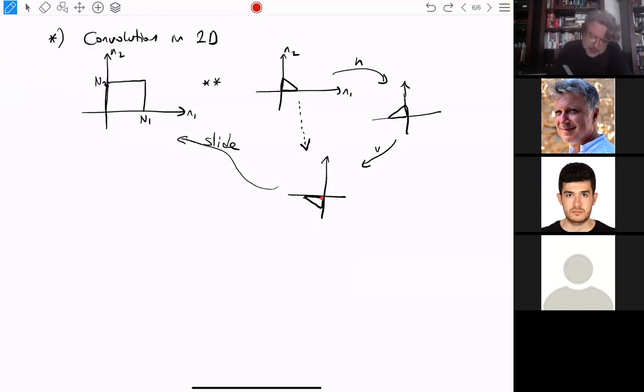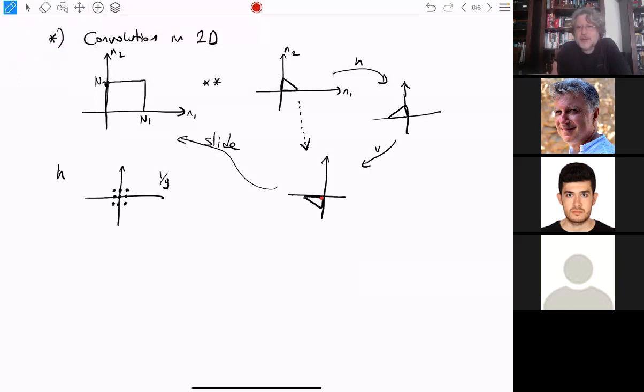In many cases, the H is something like this. For example, a 3x3 filter. Filters are usually short because of computational things. This convolutional template, for example, if they are all equal to 1/9, that would correspond to an averaging filter, a blur filter.